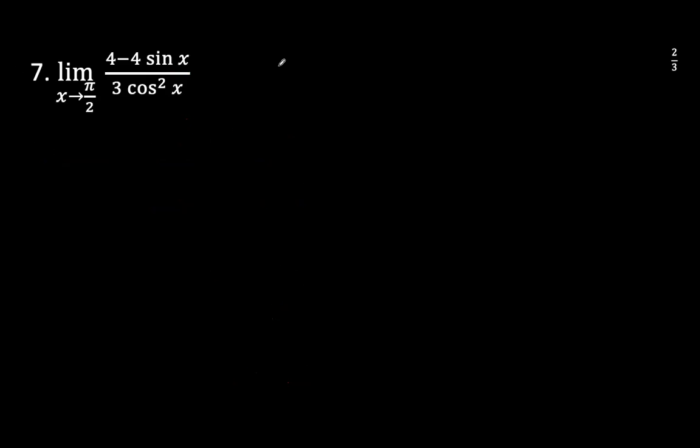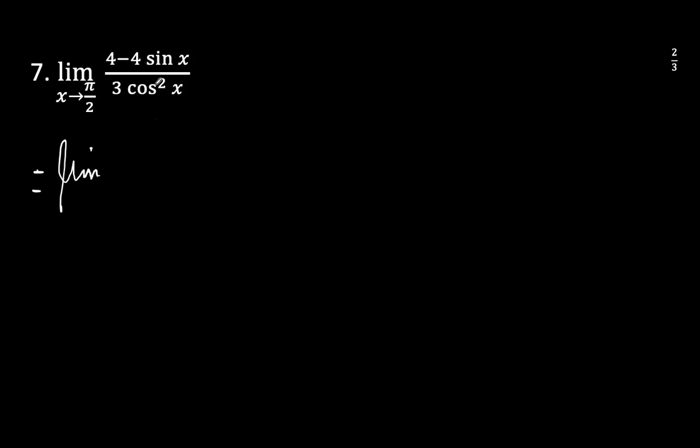Okay, next, number 7. So let's solve this. Now let's simplify. The limit of 4 minus 4 sine x all over 3 cosine square x as x approaches pi over 2.